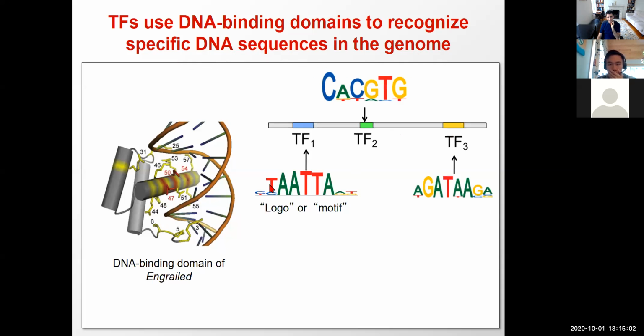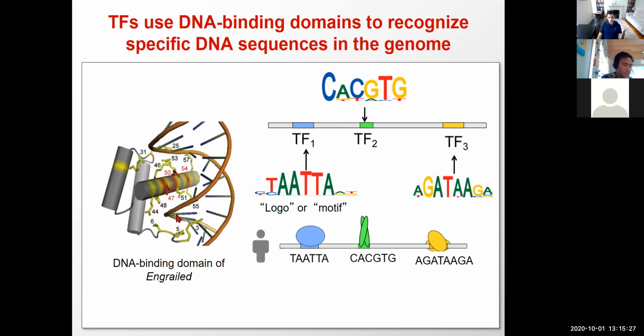So here, if it says T or C, it basically means that both T and C have the same atoms that the transcription factor likes to recognize at that position, and that's what causes the degeneracy. And same thing here, A or T, G or C, A or C or G, and so on and so forth. So we're going to be looking at a lot of these motif logos as a way to understand gene regulation and the foundation of gene regulation.